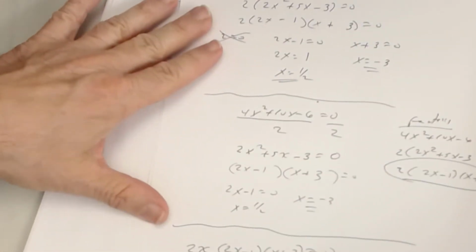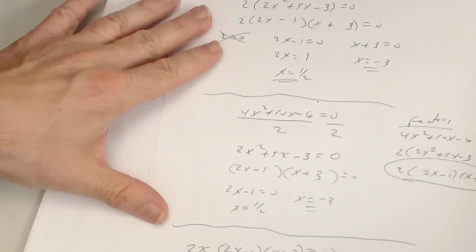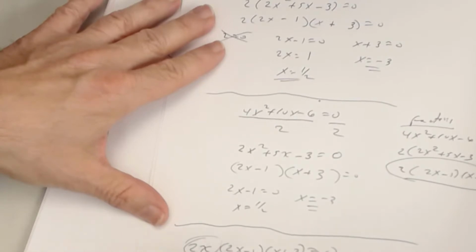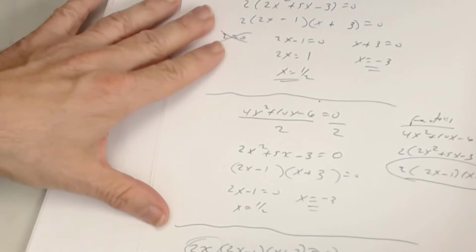If I had this, how many solutions are there? There are 3, because now I can say 2x equals 0, and so x is 0. Here I can say 2x minus 1 equals 0, and x is 1/2, and here x plus 3 equals 0, which x is negative 3.